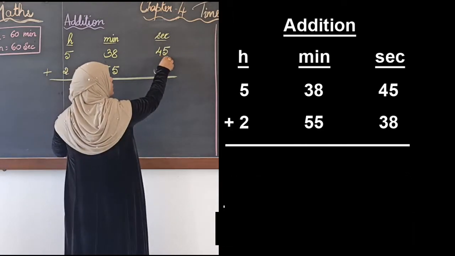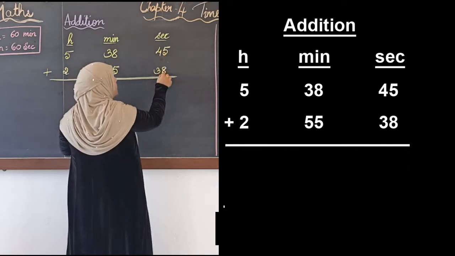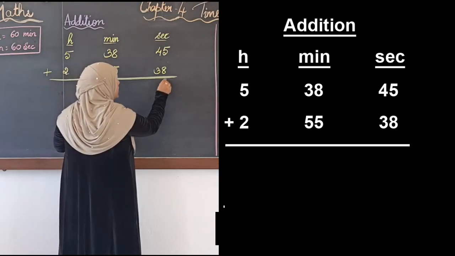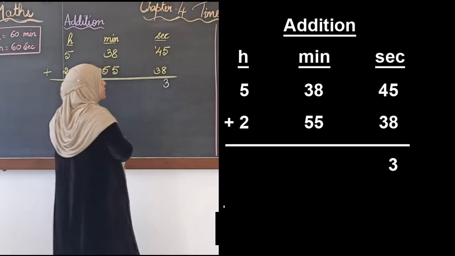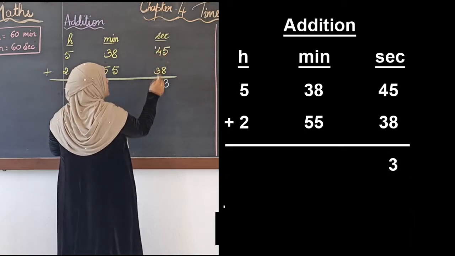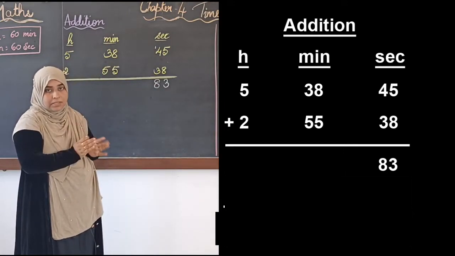We have to add 45 and 38. 5 plus 8 is 13, write 3, carry 1. Now 1 plus 4 is 5, 5 plus 3 is 8. This is how we did the addition of seconds.